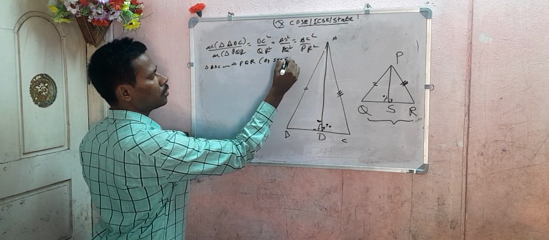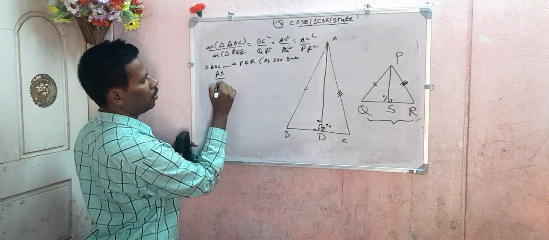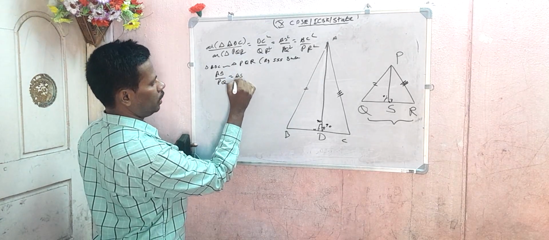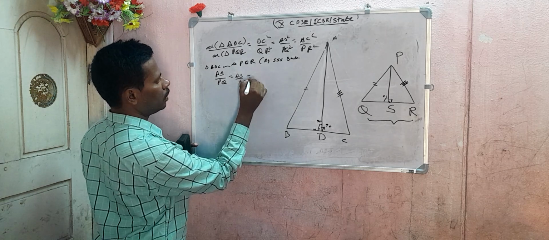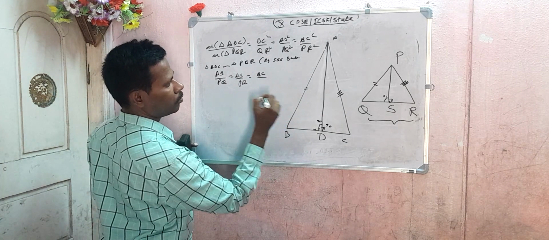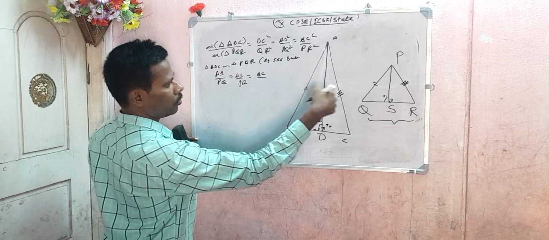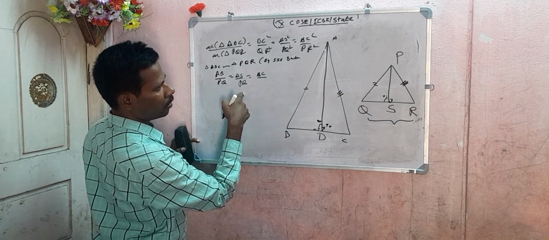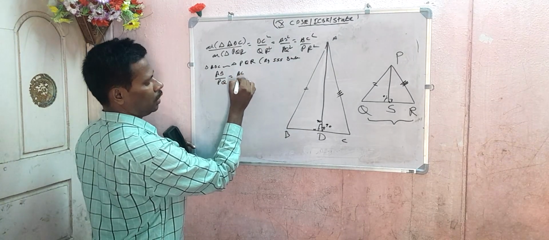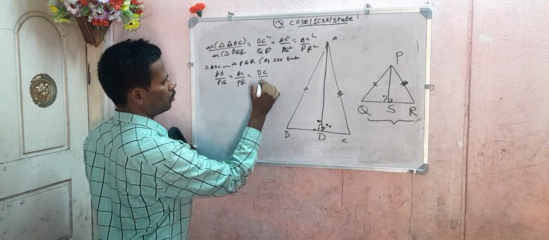By SSS similarity, AB by PQ is equal to AC by PR is equal to BC by QR.